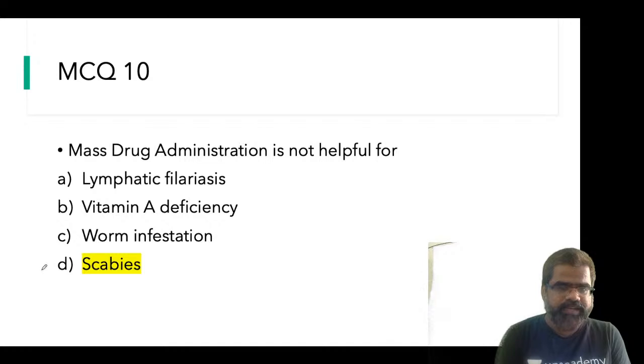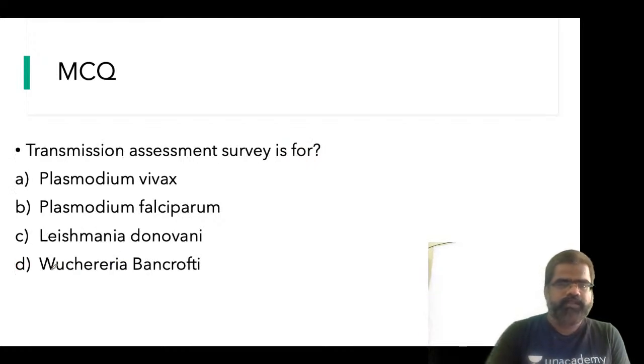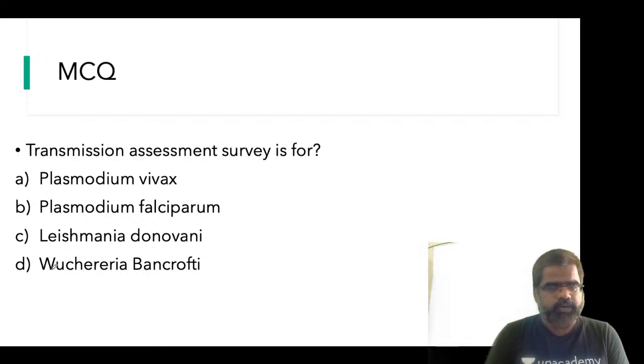So the answer should be D, not B or C; A definitely nobody will answer. The question is what is not useful. So it is not useful for scabies. Okay, let's take one more. This is also important. Transmission assessment survey is for Plasmodium vivax, Plasmodium falciparum, Leishmania donovani, Wuchereria bancrofti.